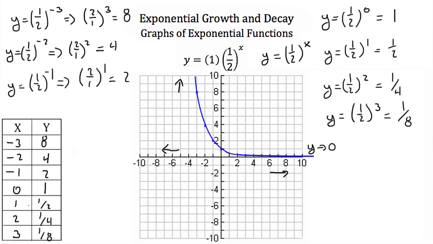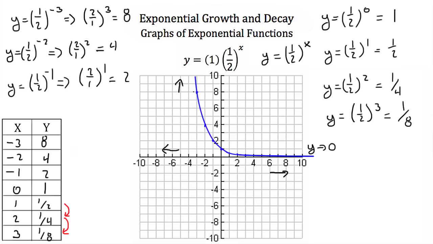Notice when I plugged in 1 for x, I got 1/2. When I plugged in 2, I got 1/4. And when I plugged in 3, I got 1/8. So as I plug in larger and larger x values, my fraction gets smaller and smaller, or my denominator gets bigger and bigger. So as my x value gets larger and larger, my y value gets closer and closer to 0.